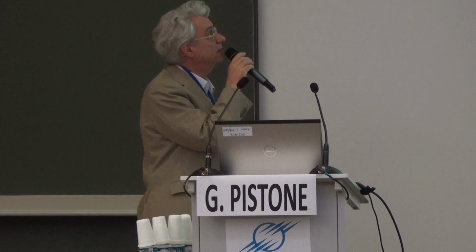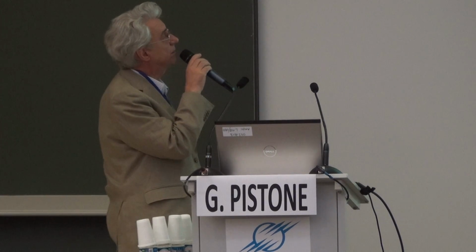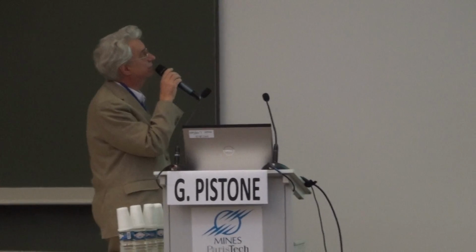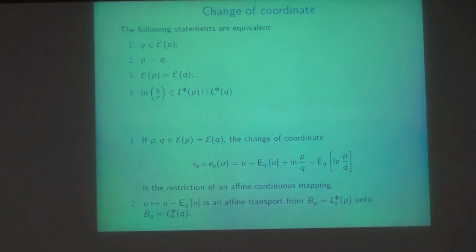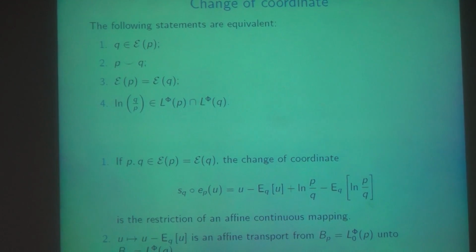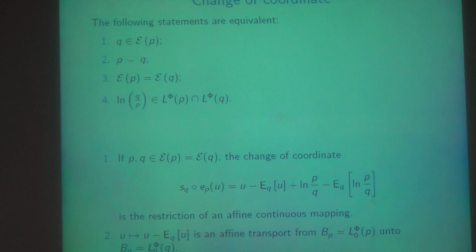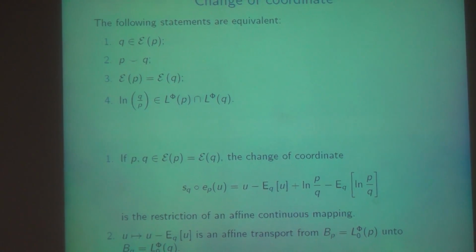So we summarize here the basic property we are using. The key statement I am using is the following. Q belongs to the maximal exponential family around P. Q and P are connected by an open exponential arc.